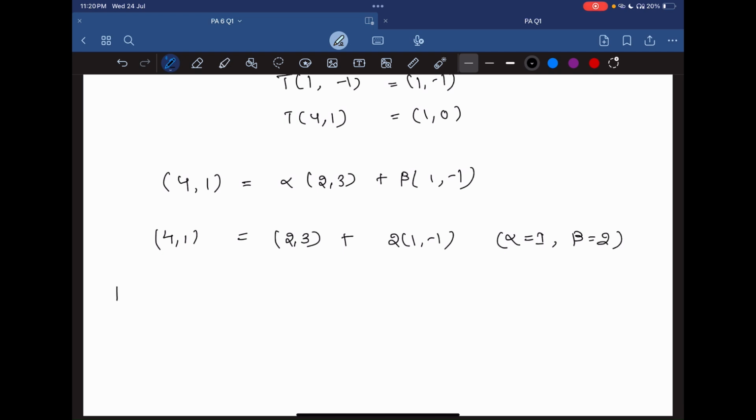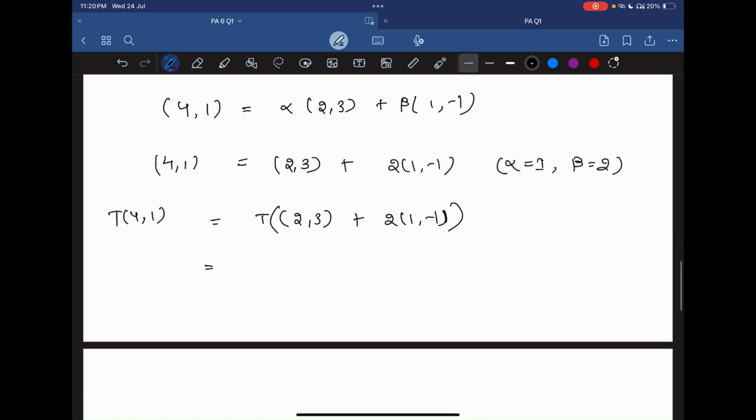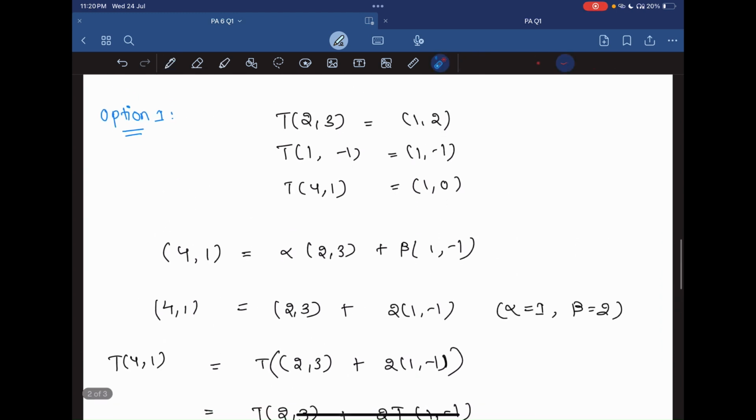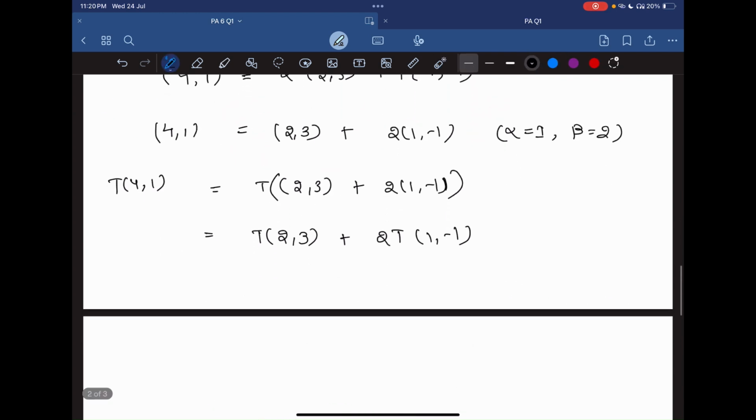So now if we take T on both sides, it will be T of (4, 1) equals T of (2, 3) plus 2 times (1, -1). Now using the property of linear transformation, I can write it as T(2, 3) plus 2 times T(1, -1), and we are given T(2, 3) as (1, 2) and T(1, -1) as (1, -1).